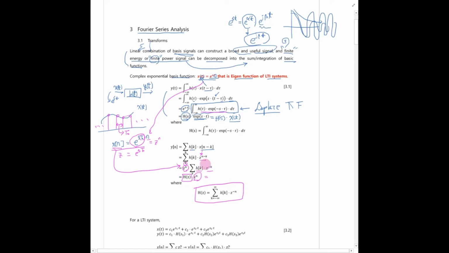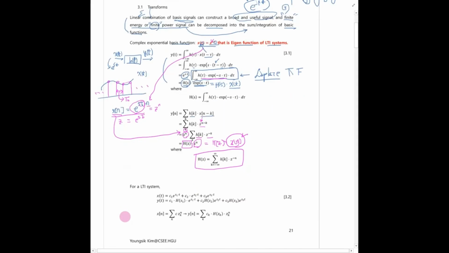Because of a similar reason, we can make the system response simple by use of these functions. This one is x[n], this one is the input, but the requirement is that the input should be a complex exponential function. If the input is a complex exponential function, it's quite easy to solve the system.